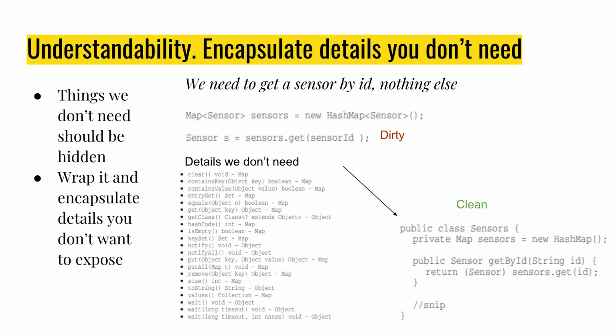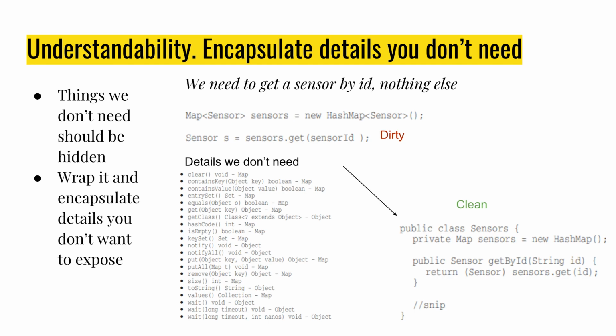And in this case, we have a sensors class, and the sensors class acts like a repository which holds our sensors in a private sensors map, hash map. And then we can simply call getID, and that's it. We get sensors by ID. We implement that method, which wraps the hash map.